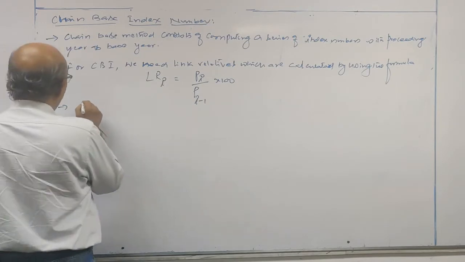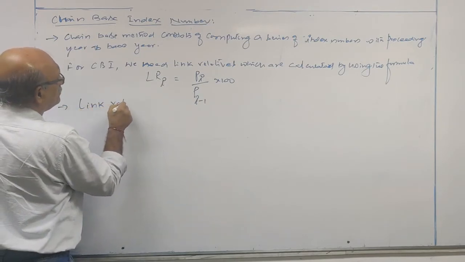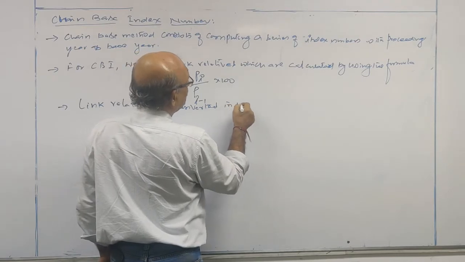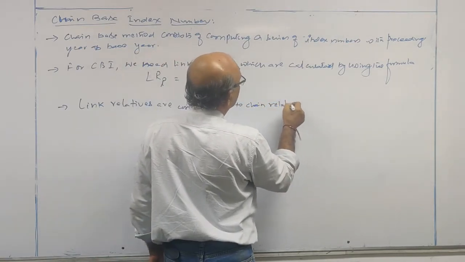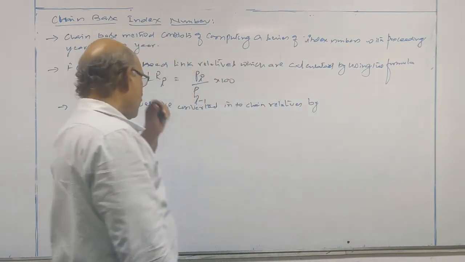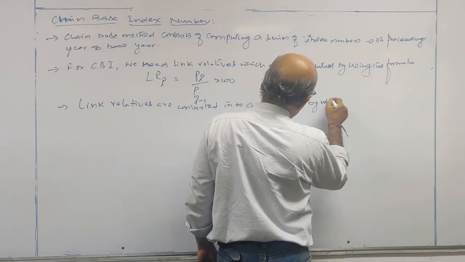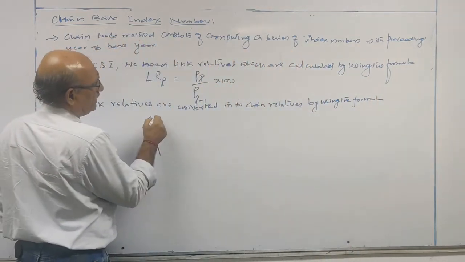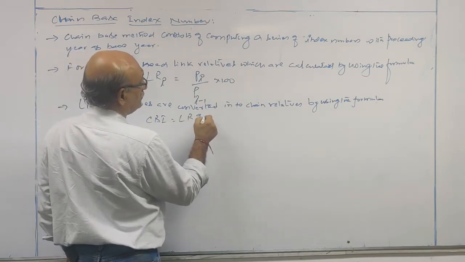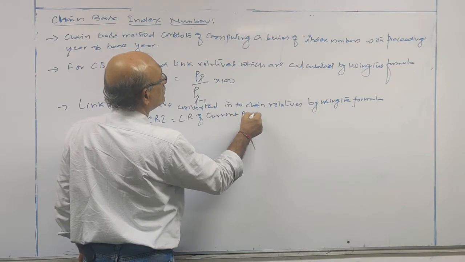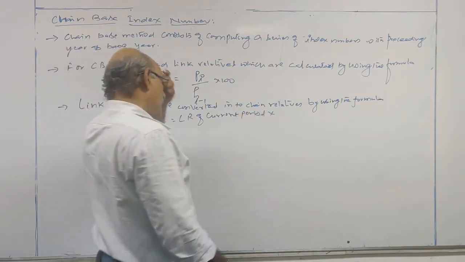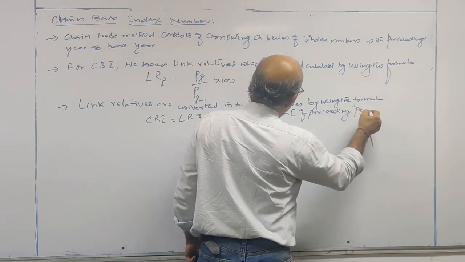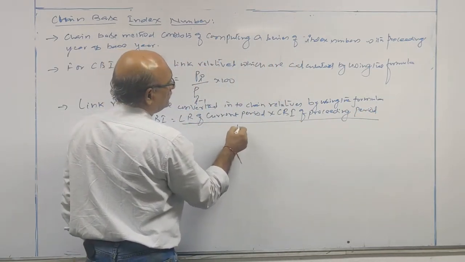Next, link relatives are converted into chain relatives by using the formula: CBI is equal to link relative of current period into CBI of preceding period divided by 100.